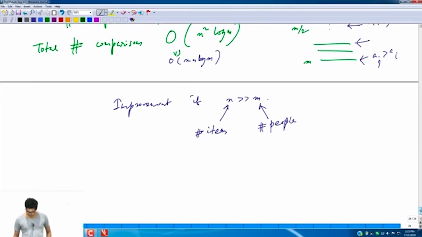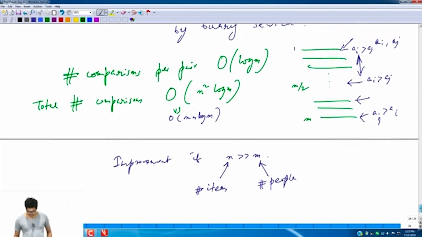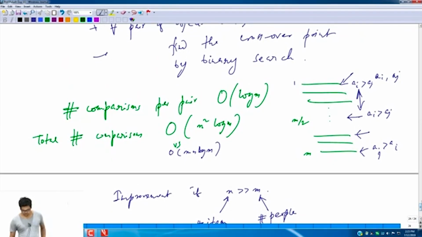Okay, but there is one criticism about this algorithm: it makes queries all over the place. In real life, if real people are involved, it makes much more sense to ask all the queries to one person at once.